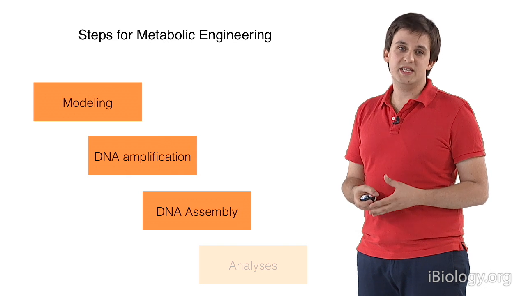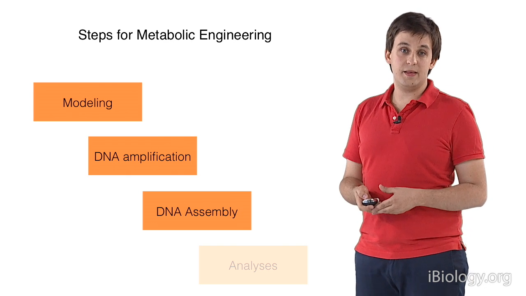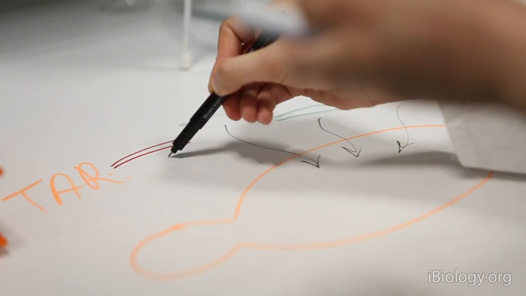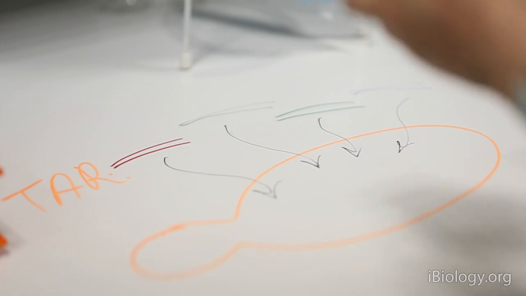This step is called DNA assembly, and my colleague Gita in the lab will tell you more about this. Hi, I'm Gita. I'm going to explain for you more about this transformation and the assembly method which we are using in this lab. Our PCR fragments are ready. In order to produce beta-carotene, we need to transfer them into the yeast cells. These are yeast cells which are competent to uptake any heterologous fragments, and in our case, these 4 PCR fragments.